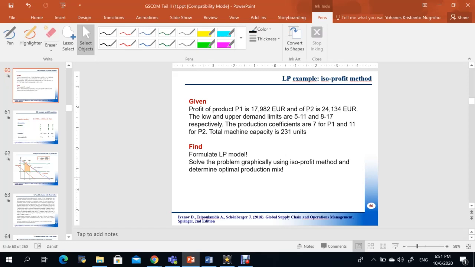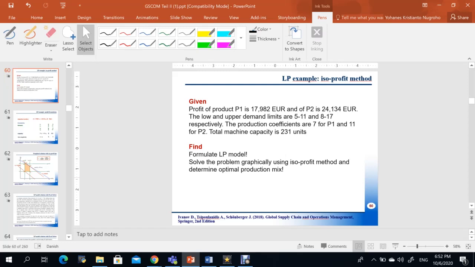The lower and upper demand limits are 5, that is the lower, and 11 is the upper demand limit for P1. 8 is the lower demand limit for P2, and 17 is the upper demand limit for P2, respectively.